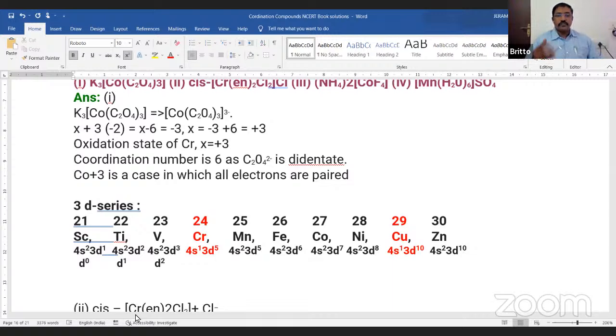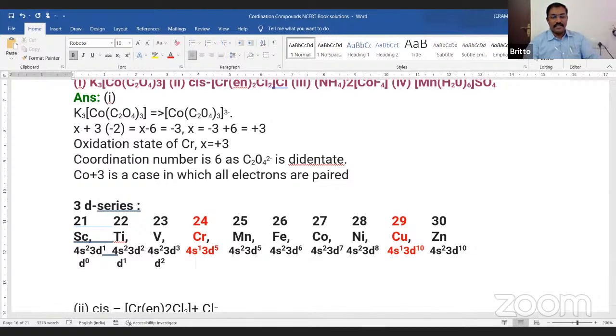Of course there are many variable valencies. Iron has +2, +3, nickel generally +2 only, cobalt +3. Chromium has variable valency, manganese has variable valency, copper +1 and +2, zinc only +2. So remember those things.